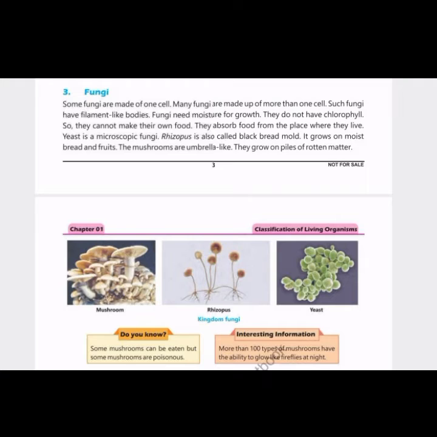All these three organisms are fungi. Please always remember the sequence of questions in order to write a sensible paragraph about any topic like fungi.